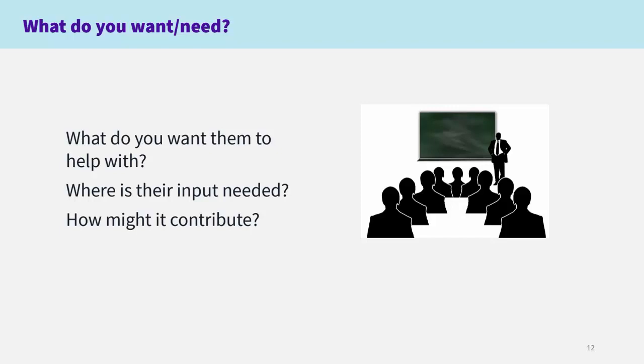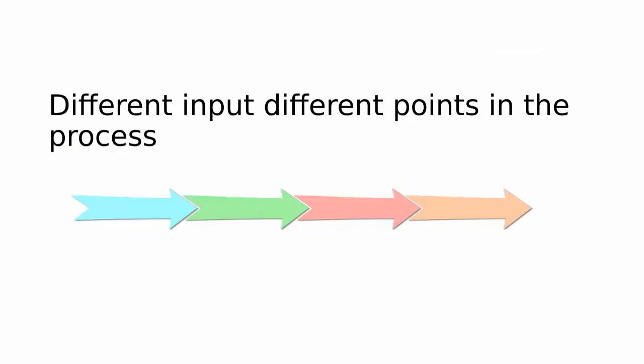And particularly, how might it contribute to your research process? You don't want to get into that tick box scenario of, I need PPI, I've got to have PPI, but I don't really know how on earth it's going to contribute. Hopefully some of the other slides I've got will give you some ideas on how it will contribute.